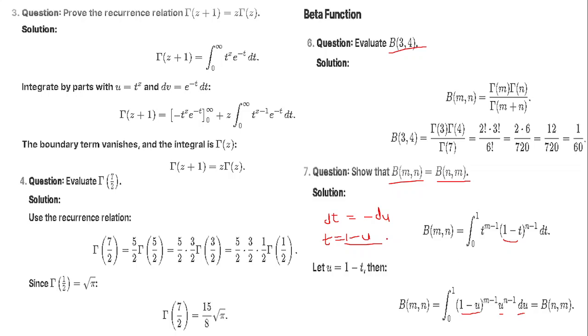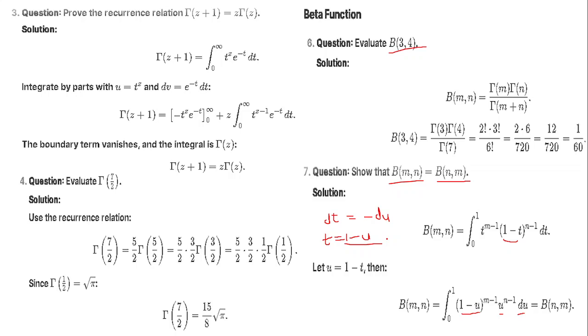I have a question, sir. Go ahead. According to the proof here, dt is equal to minus du. But coming to the equation, it's only du that we are having there. The integral is from 0 to 1 of (1 minus u) raised to power n minus 1, u raised to power m minus 1, du.